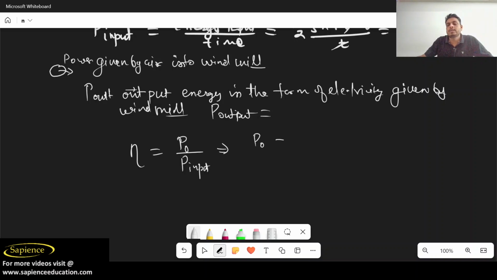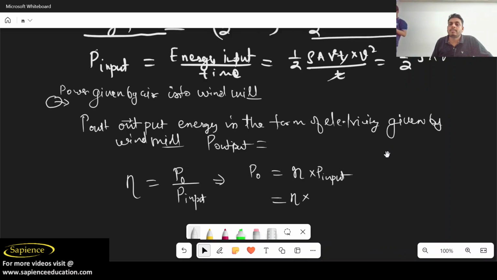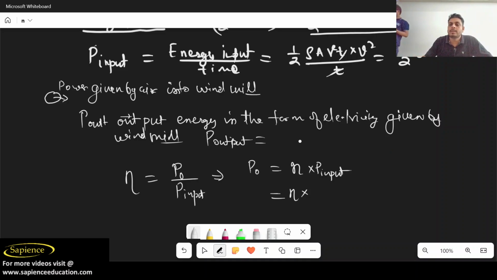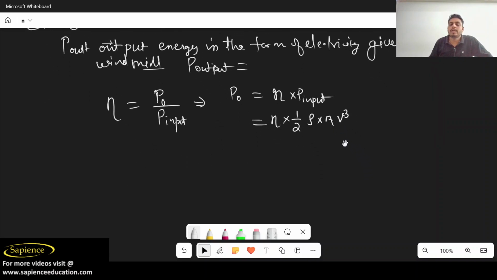So power output is equal to efficiency into power input. So what is the power input? Just now we have found out power input, half into rho into A into v cube, right? So by putting each and every value you will get the answer.